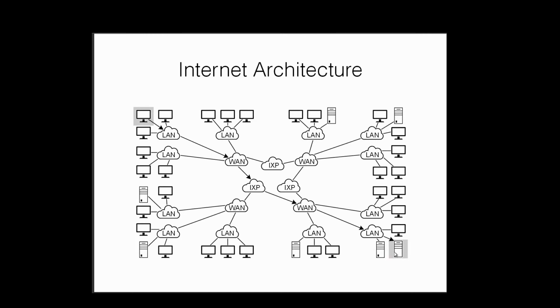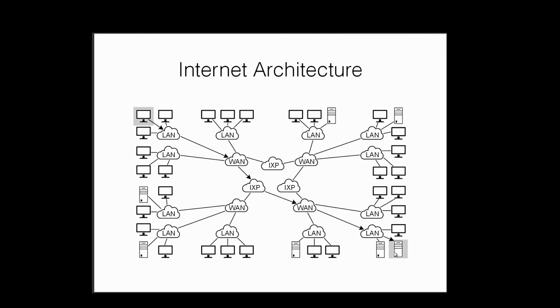The server is way down here in the lower right side. When you type in your web address, say this is Amazon.com, so you type in your address bar www.amazon.com. We call that a URL. A URL is something that's somewhat human-friendly. It's a readable address in text.